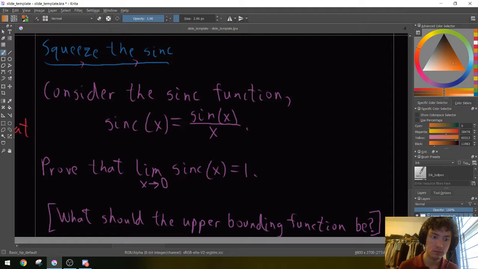Could you reiterate the question? So what should we choose for the upper bounding function? I think I called it h.